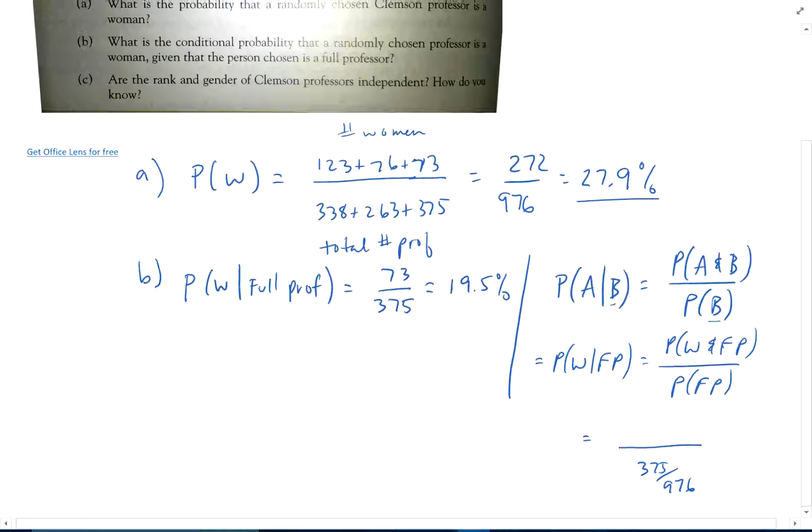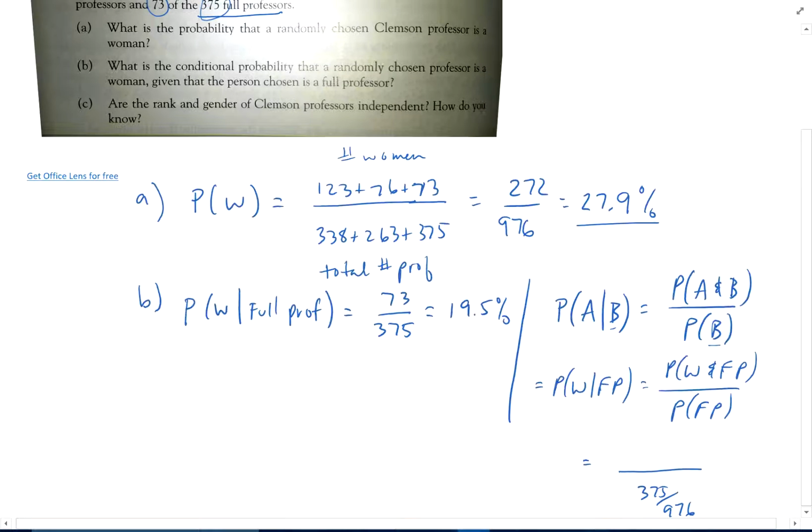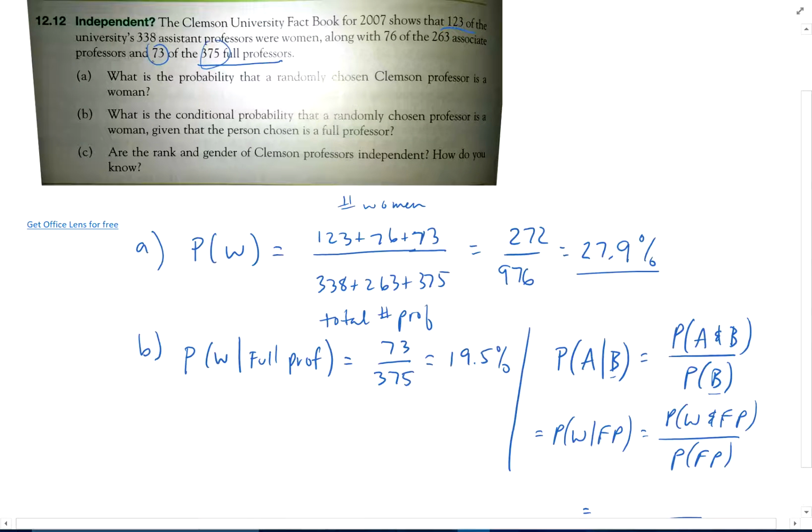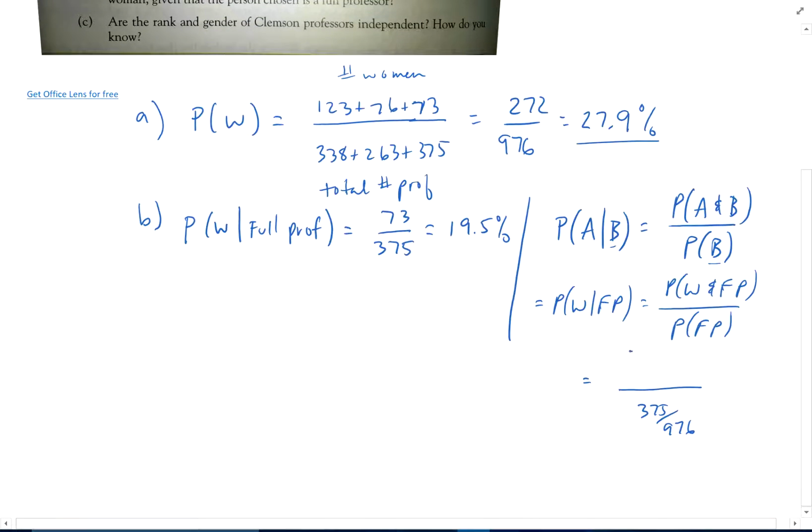And then the top is what's the probability to pick a woman and a full professor? Well, how many women full professors are there? There's 73 of them. So that's 73 out of 976. And if I multiply top and bottom by 976, then those cancel.